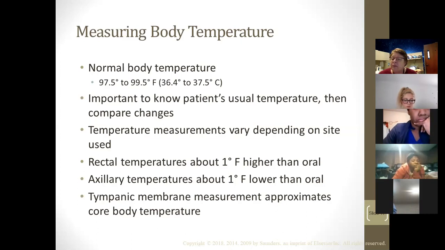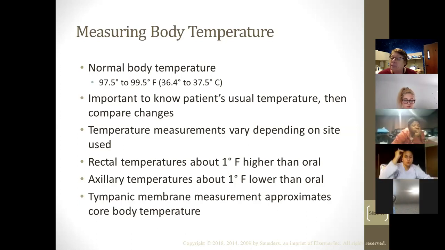And then tympanic membrane measurements, where do we take those? The ear, okay, your tympanic membrane. Tympanic temperatures are actually core body temperatures, all right? They're not surface temperatures. Rectal temperature is a core body temperature, all right?